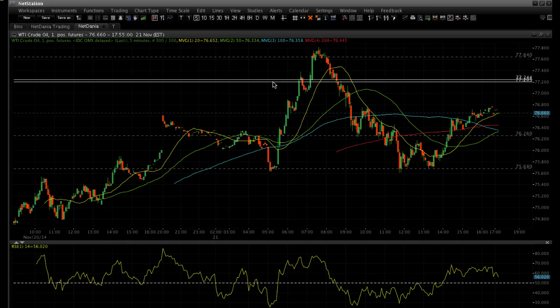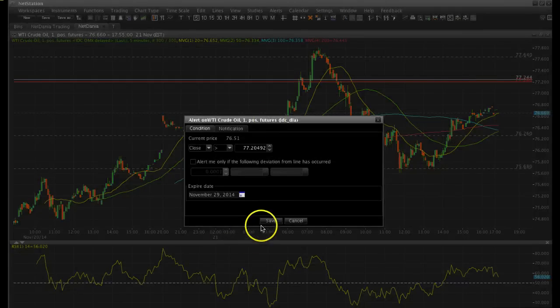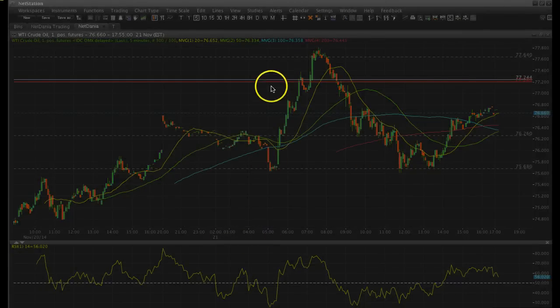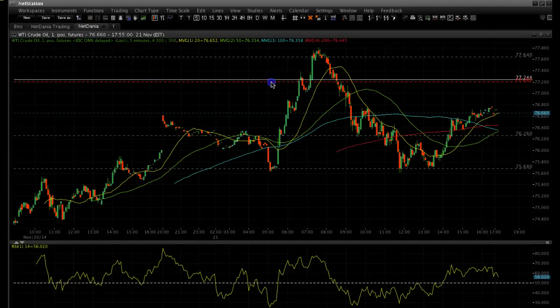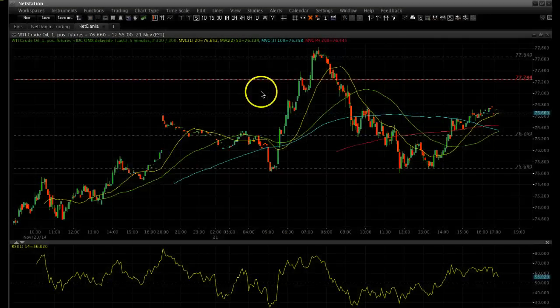Once you create your alert, so once you click on the line or right click on the line, set alert on this line, save it. Now I'm going to move it to match up with the other line. Save.